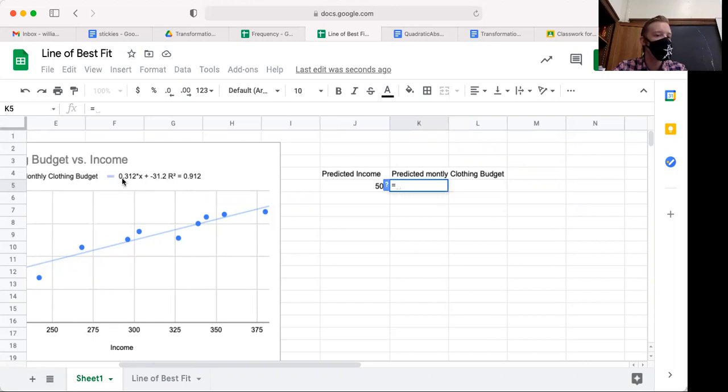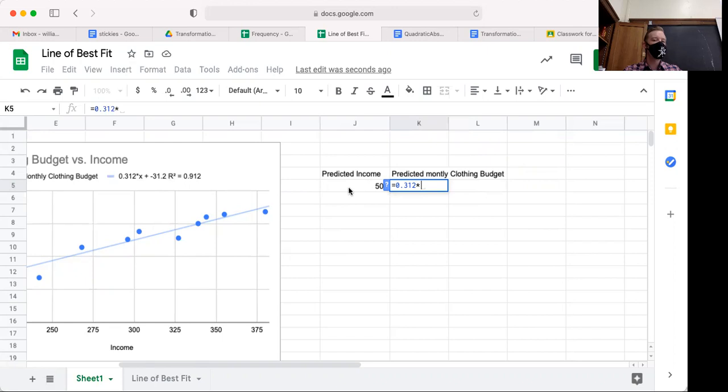So I've got 0.312 times x to start. But rather than saying times x, I'm going to say times, and I'm going to click on my predicted income cell right here. So x represents our income. Y represents our monthly clothing budget.